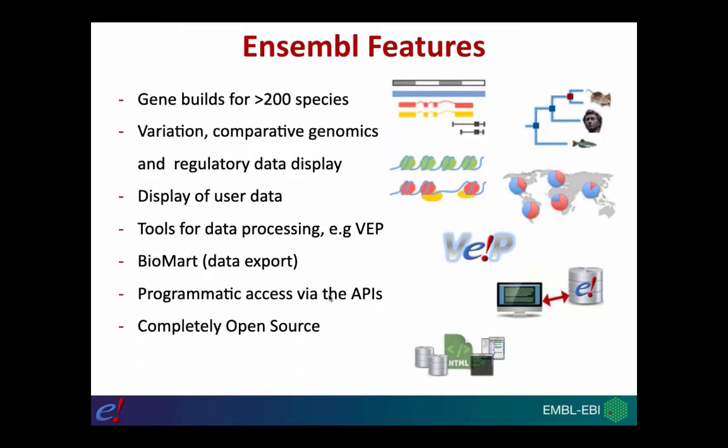And then you can also access the data programmatically. If you know Perl or any other programming language, such as Python or R, for example, you can use those languages to access the data through the Perl and our REST APIs. The best thing about all of this is that it's completely open source. All of the data we have is completely free for you to take and use in your own work.